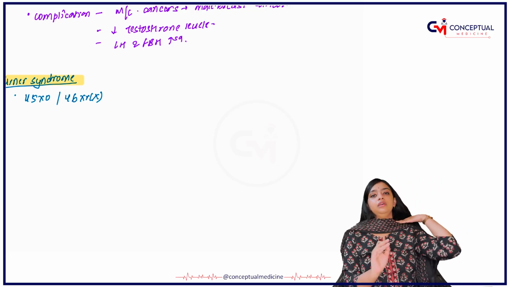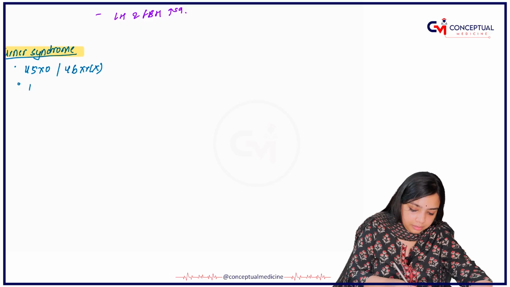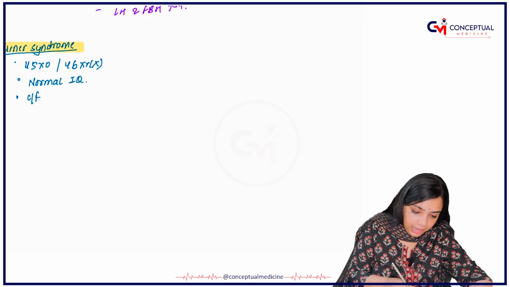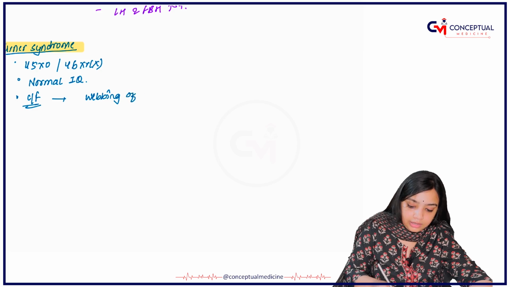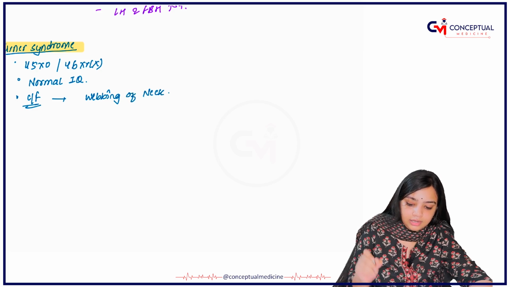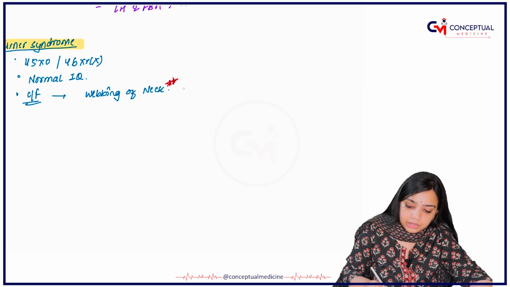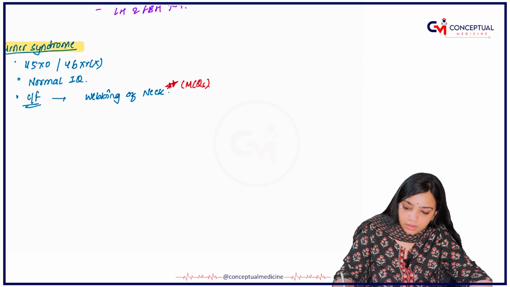Both ways you can write Turner syndrome. Okay, so here there is a normal IQ. Clinical features are, first one, webbing of the neck, and it is the most classical and significant finding of Turner syndrome. Remember this, it can be asked in your MCQs in your university exams.